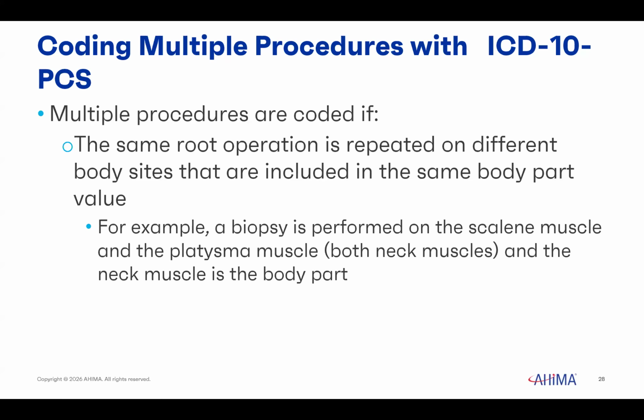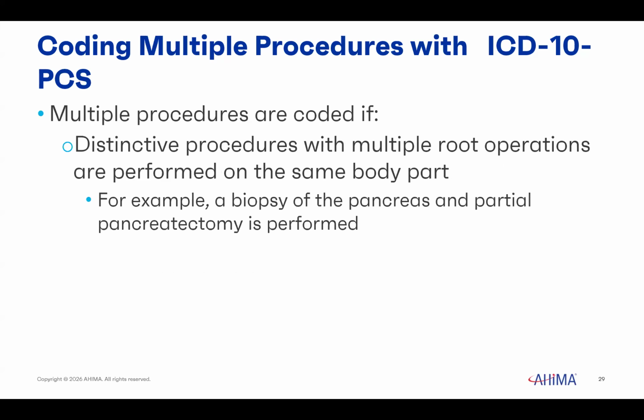So we do a biopsy on neck muscles, the neck muscle is a body part, two different muscles, multiple procedures. And if we have distinctive procedures with multiple root operations, like we do a biopsy of the pancreas and a partial pancreatectomy, those again are multiple procedures.